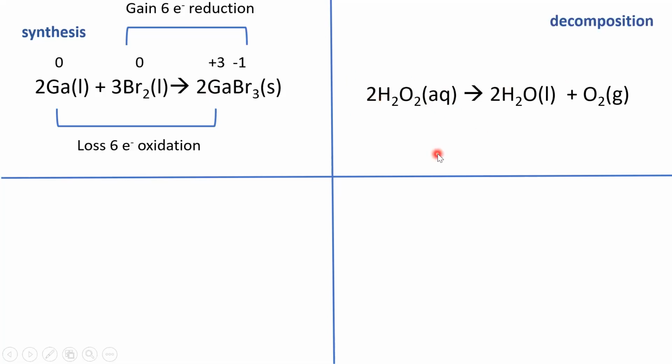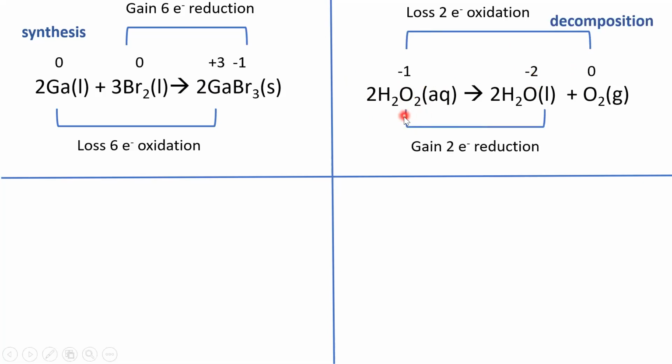And when we assign our oxidation numbers, again, we're going to see that the oxygen is changing and it's being oxidized since the value's going up. Oxygen's also being reduced because its value is going down. The hydrogen is not involved this time in the actual exchanging of electrons.